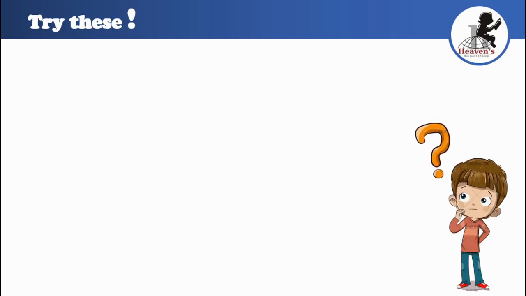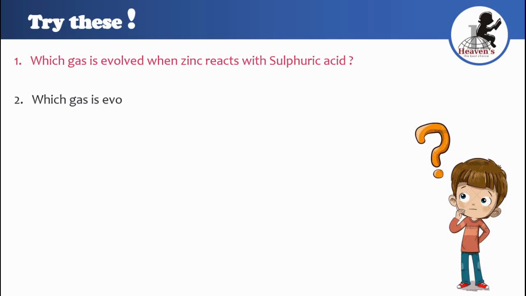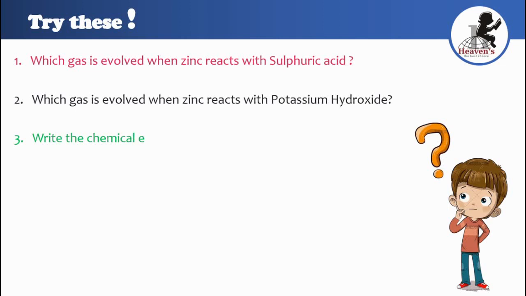Okay, next, try this. The first question is about potassium hydroxide. Next one. Write the chemical equation when iron reacts with sulfuric acid.